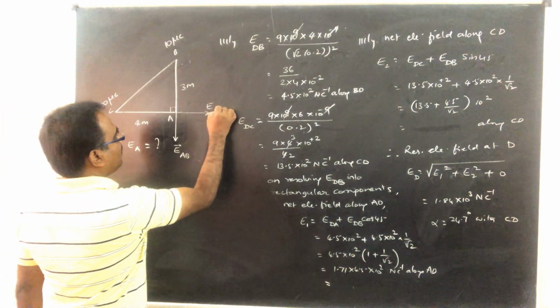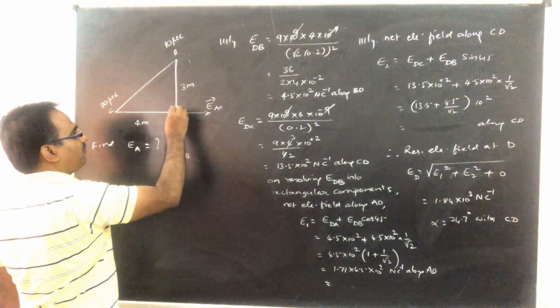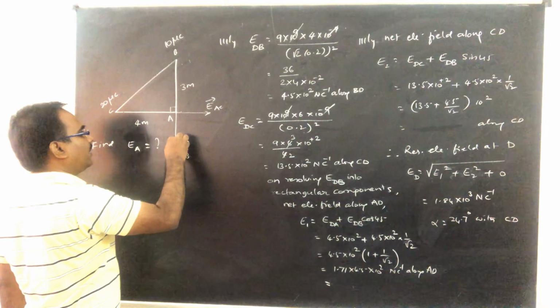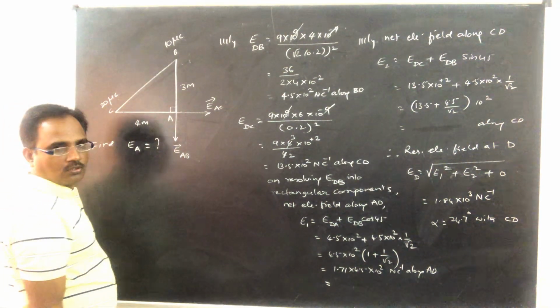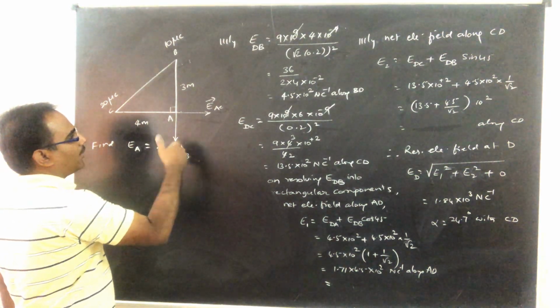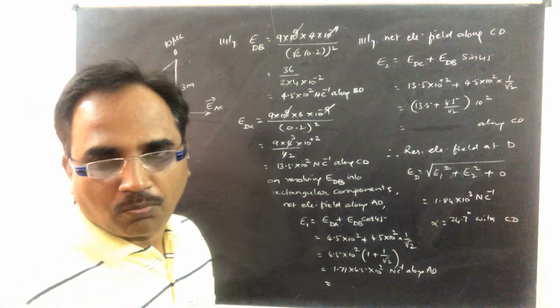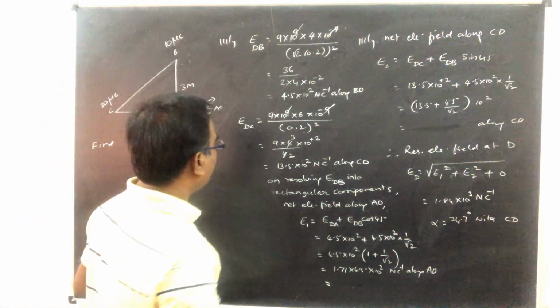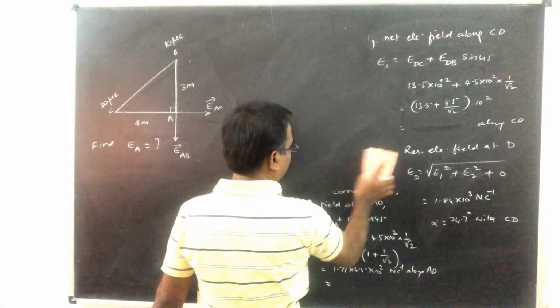So this is EAC. This is a positive charge, field at a given point is directed away. This is another positive charge, field is directed away. So you calculate the magnitudes of these two fields, and by applying parallelogram law you find the resultant. It is very simple one. In the board examination, these types of simple problems will be asked for 3 marks in part D.